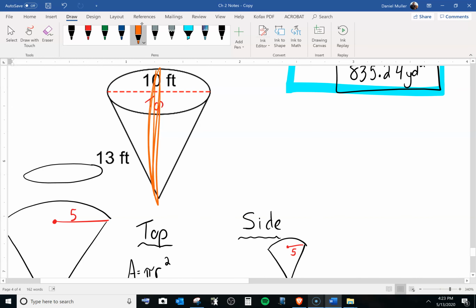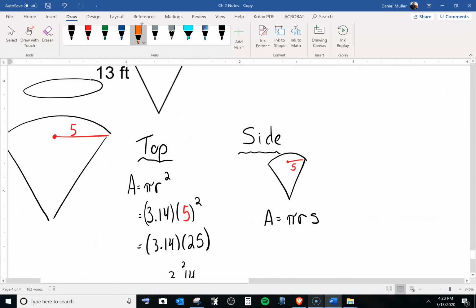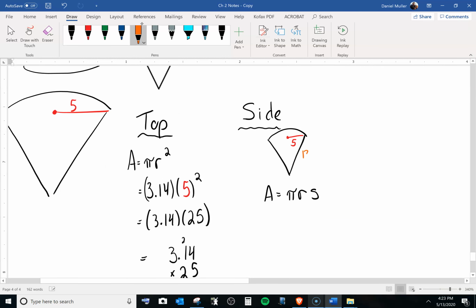It's not given to us. We do, however, know the slant height, the distance of the slant, and that is 13. So our slant is 13. Therefore, when we do this, we have 3.14 times the radius, which is 5, and then times the slant distance, which is 13.